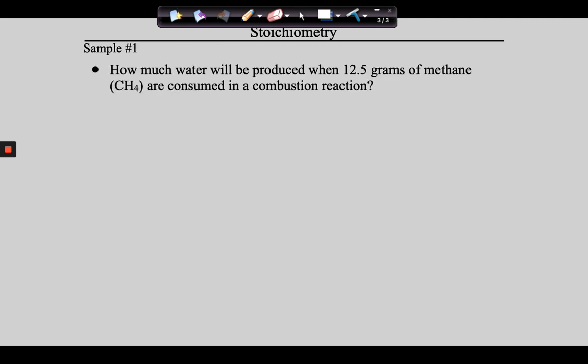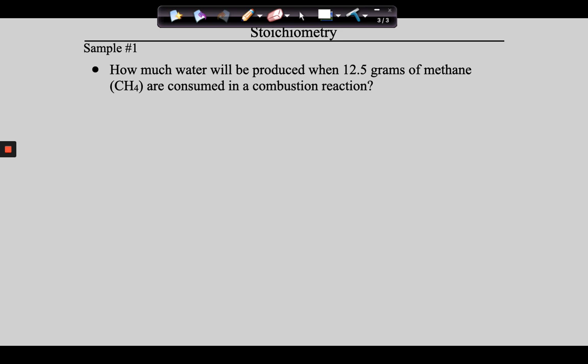I don't think you need to write this down, but let's talk about it. So guys, it says how much water will be produced when 12.5 grams of methane are consumed in a combustion reaction. I'm trying to really quick in my head figure out how much methane is 12.5. So you know methane is Bunsen burner gas.